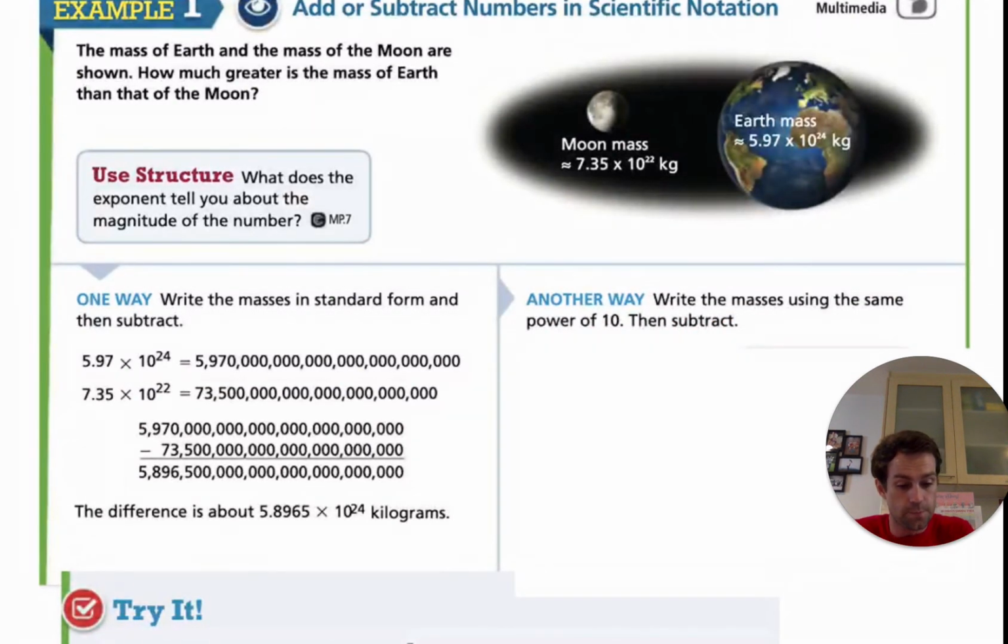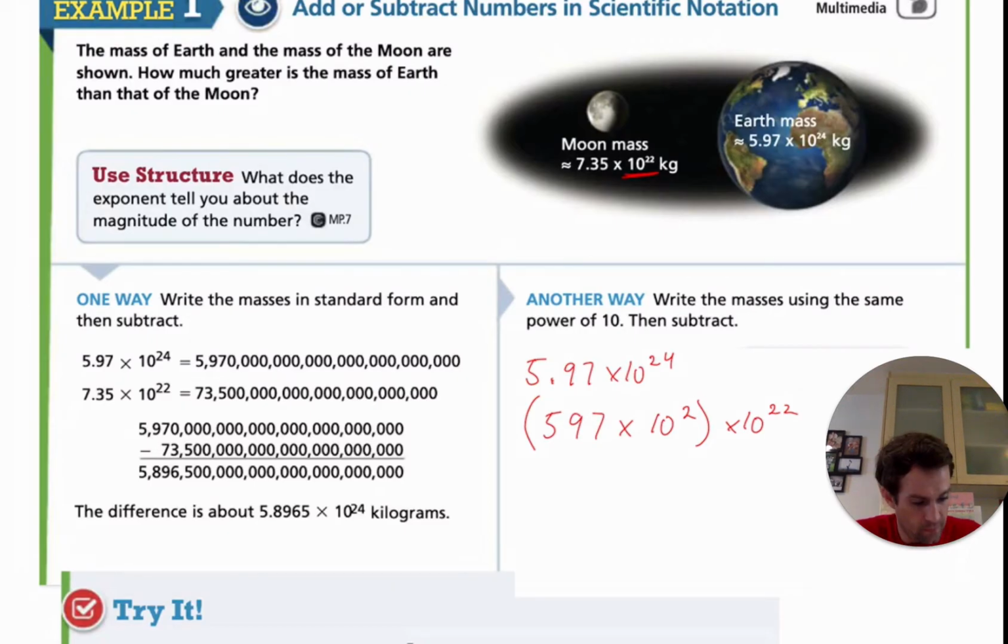So what we can do is we can rewrite 5.97 times 10 to the 24. We want to find this to the power of 22, so we can rewrite this as 597 times 10 to the power of 2 times 10 to the power of 22.